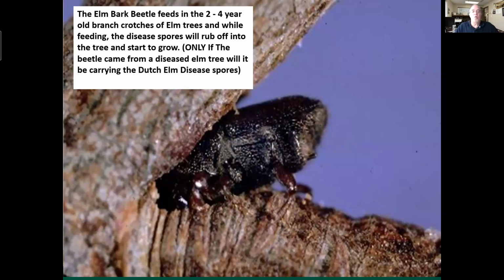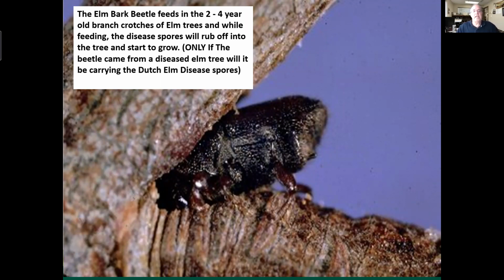So it'll go up and feed, and I'm going to point out some important distinctions as we go, but it feeds in the 2 to 4 year old branches of the tree. That's an important note to make, because that's how the disease gets into the tree at least 90% of the time, or most of the time. We'll talk about the other way that it spreads, called root grafts, in a little bit, but most disease is spread by this beetle that's feeding in the 2 to 4 year old branch crotches.